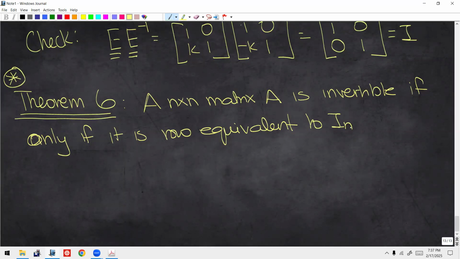If you remember, row equivalent means that I can perform row operations on A and convert it to I. Okay, I can perform row operations on A and change it to I.